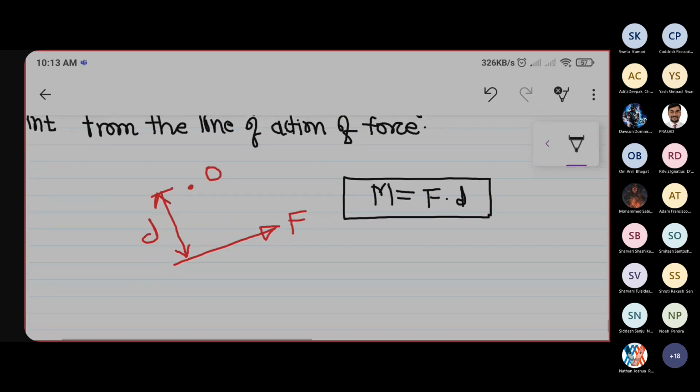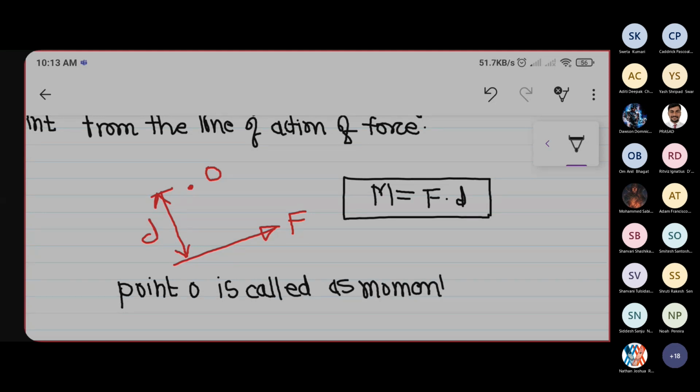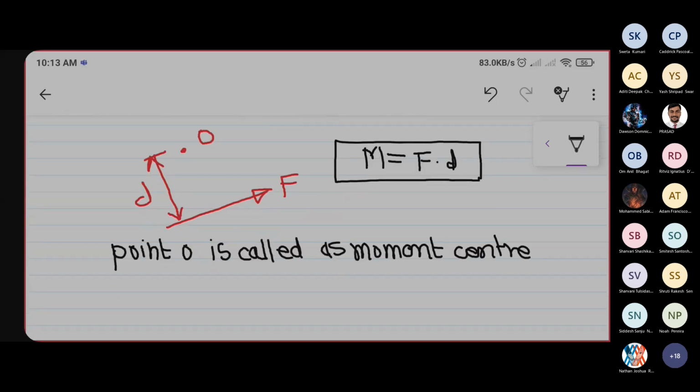So what is point O called? Point O is called the moment center, and this distance D is called the arm of the force.